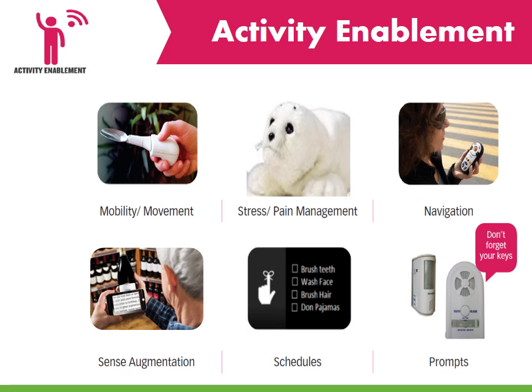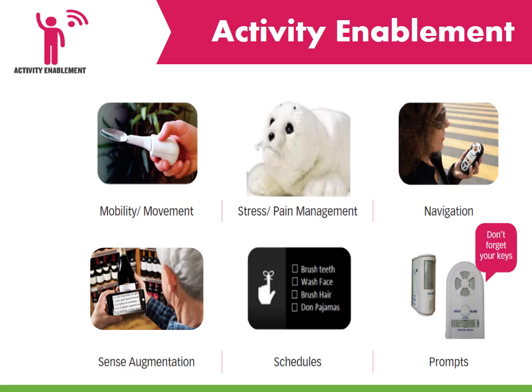The final category that I'll cover today is activity enablement. The functions of these devices vary greatly. These include mobility or movement devices, things like tremor cancelling cutlery or a Parkinson's step length prompter. Stress or pain management devices are used to track someone's stress or pain or provide a distraction.